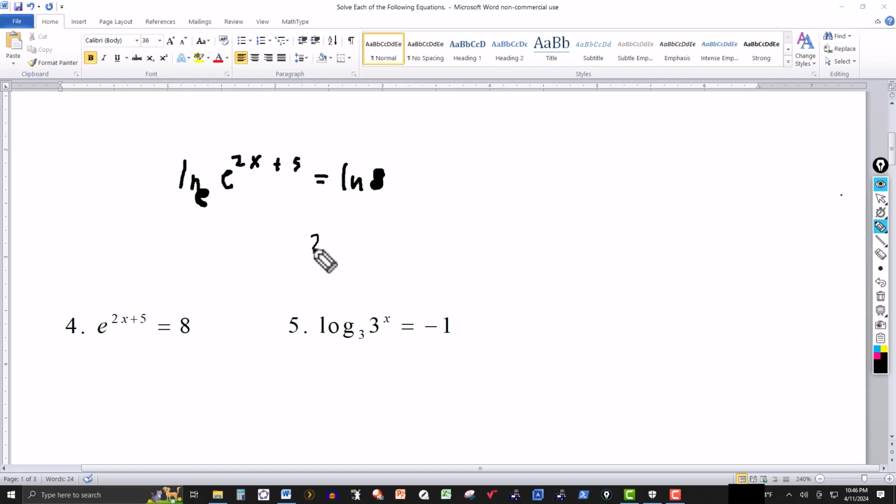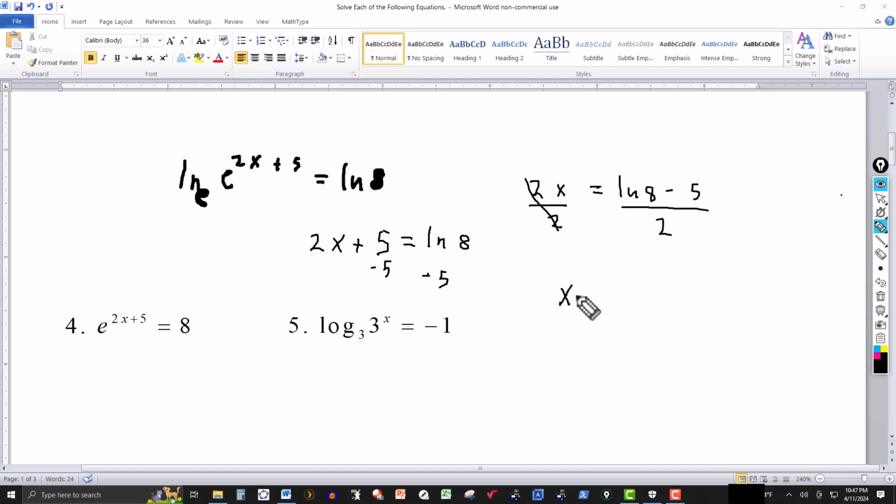So this tells me then that the left side simplifies to the exponent, which is 2x plus 5. And that's equal to ln of 8. And we subtract 5 from both sides. So the 5's cancel out on the left side, so that gives me 2x is equal to ln of 8 minus 5. And we isolate the x by dividing both sides by 2. This cancels out.